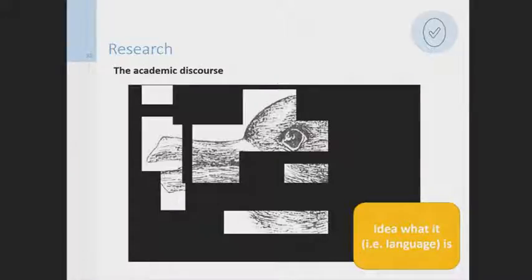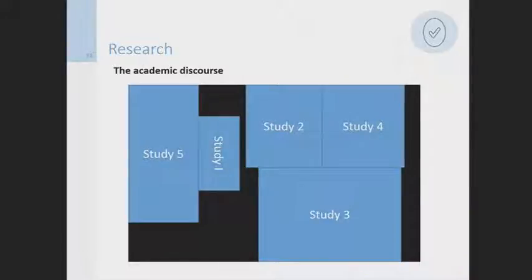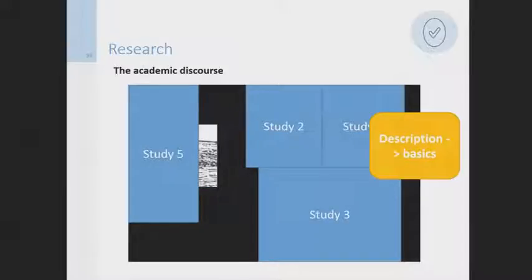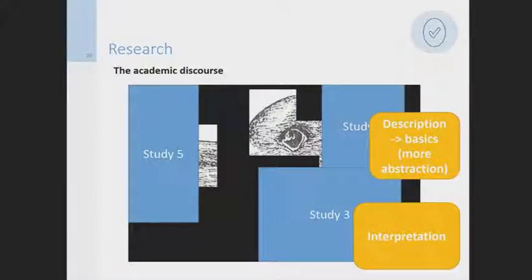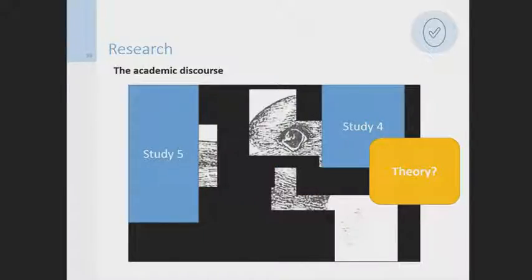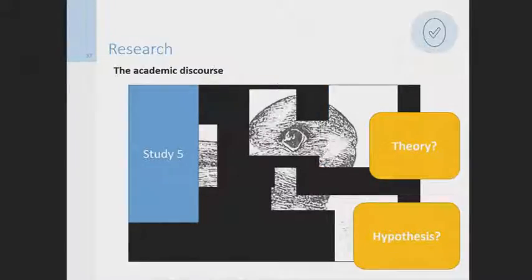But of course, we could have done a different thing. We could have started out with this study again. But then we might have conducted this study. And then maybe that. Do we now have a new theory of language? What could we do? Yeah.